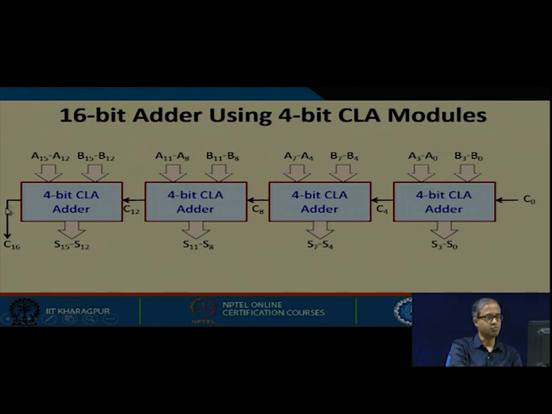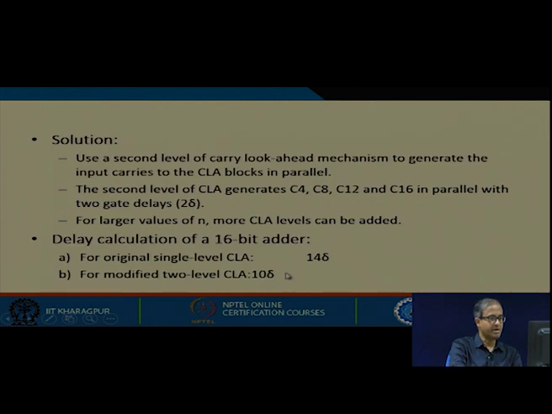Then this time will come in and it will become 14 delta if you do the calculation. But if you use this modified form, you need only 10 delta, so it will be faster. I am not showing the details of this multi-level design, only conceptually the idea I have mentioned.